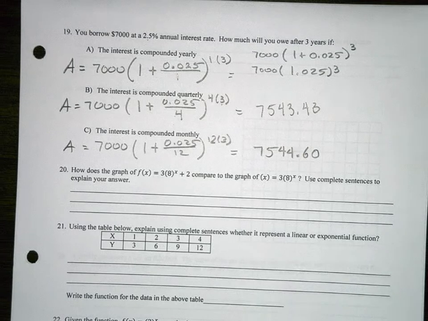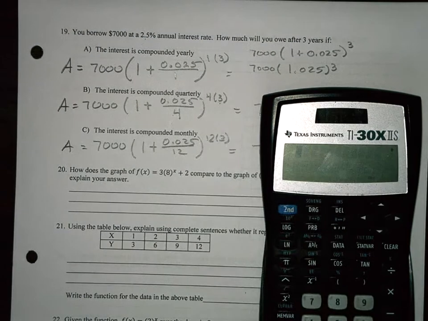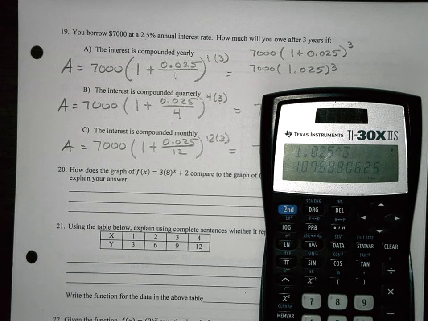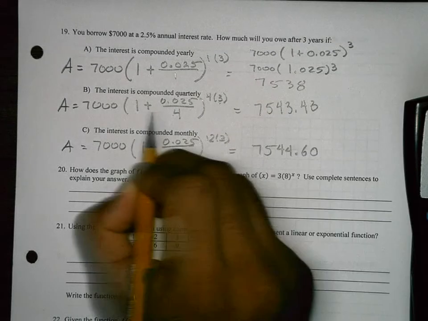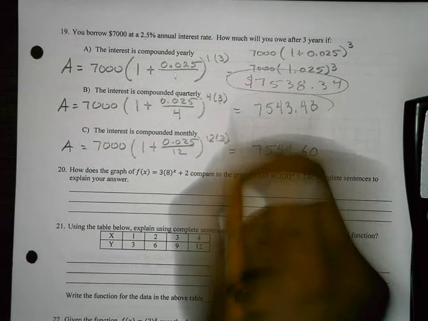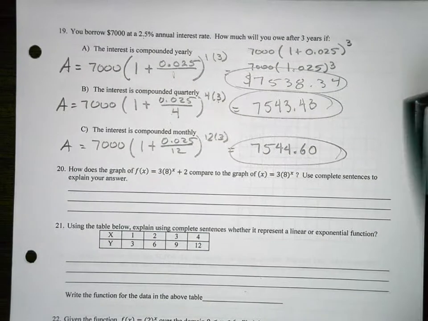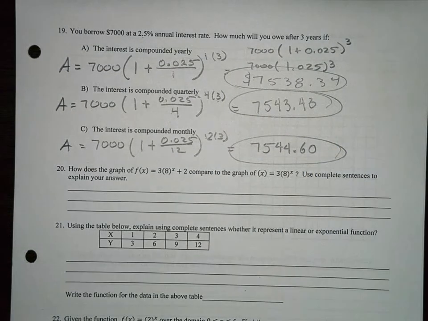Now I'm going to put that in my calculator. So I did the same steps, I'm just doing it on a piece of paper as well as the calculator. Equals that times 7,000, and that's 7,538.34. So those are our answers right there. So you can see here, the more it compounds, the more money you get. It's just a little bit more, but it does all add up in the end.